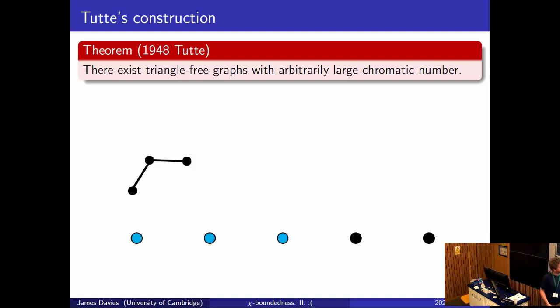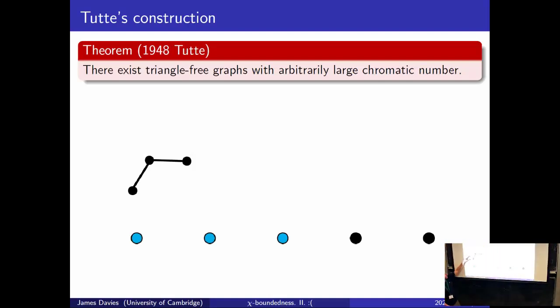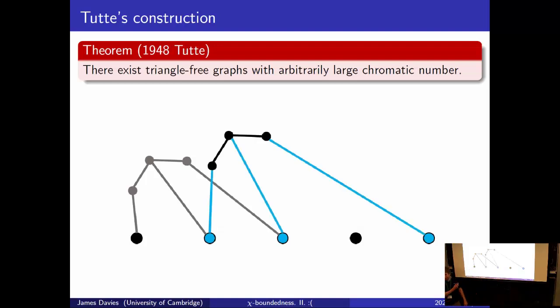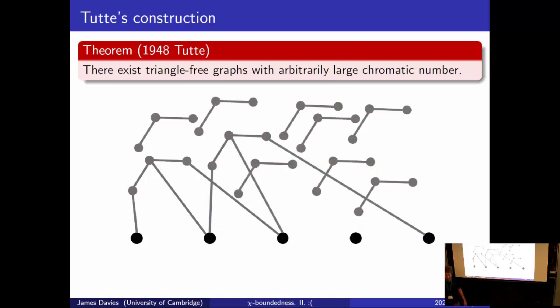So say I look at these 3 first. And I'm going to add on a copy of my previous n chromatic graph and attach it onto this subset with a matching. And I'm going to do this for every single 3-element subset here. So I can look at this subset as well, I'll attach another copy of my guy here. And I do this for every 3-element subset.